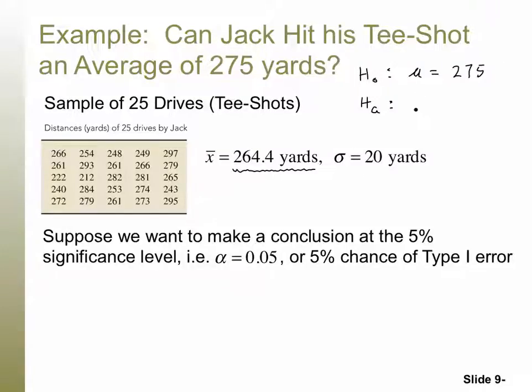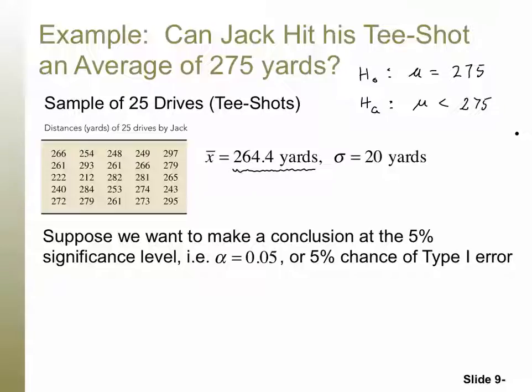And the alternate is that? Less, right? He's claiming he can hit it this far, so the alternate would be no, he doesn't hit it that far. So less than 275. If it was greater than 275, it would still count because he hit at least 275.